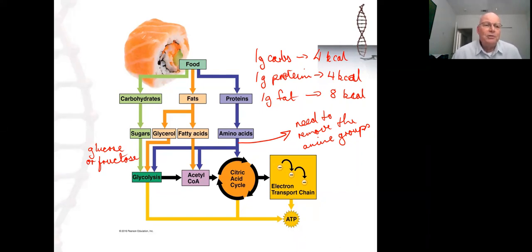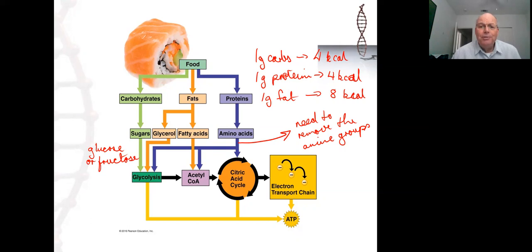But there is a process called gluconeogenesis that allows you to take pyruvate and turn it into glucose. And from there, you can make all sorts of carbohydrates. You can take the acetyl-CoAs and form fatty acids. And of course, you can turn the 3-carbon sugar from glycolysis into glycerol and create fats that way.